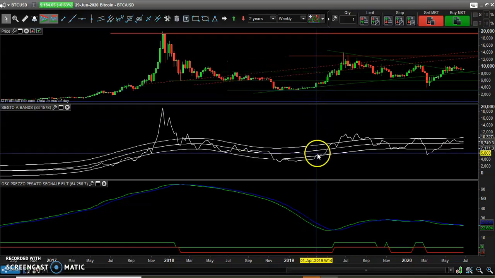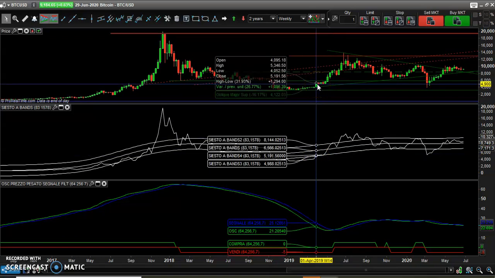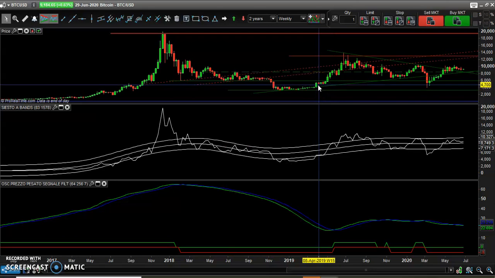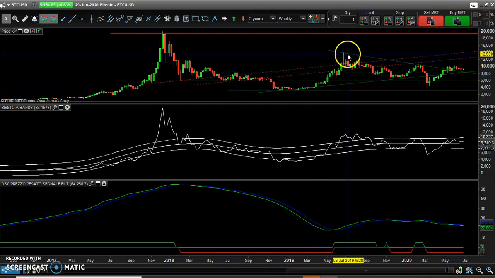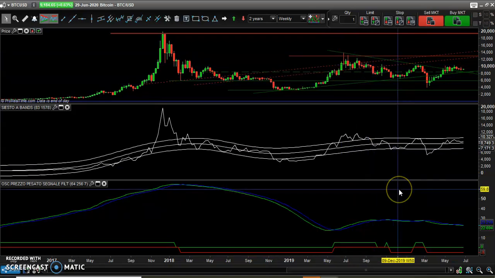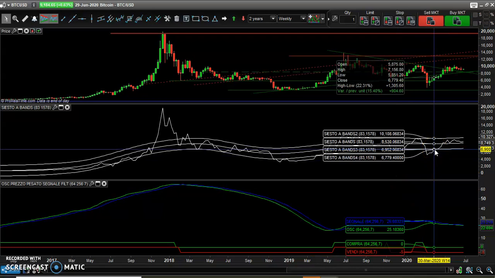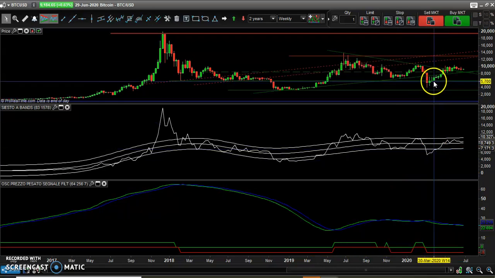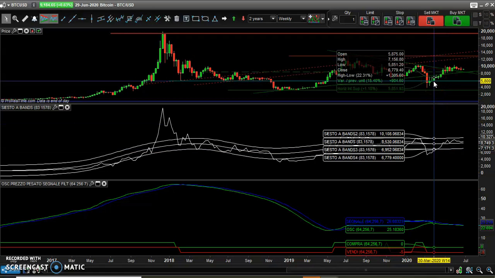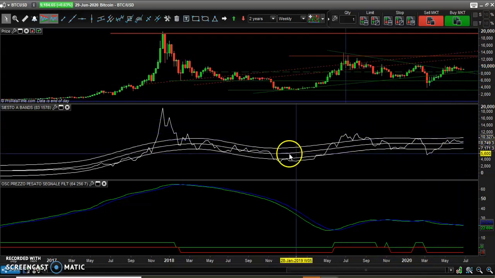For example, here our Siesto A bands gave us a signal of being long around 4,500 US dollar to then go out here around 10,300 US dollar. Same here. The price crossed above the lower band around 5,800 US dollar, but as we can see, the price is still moving inside the band.